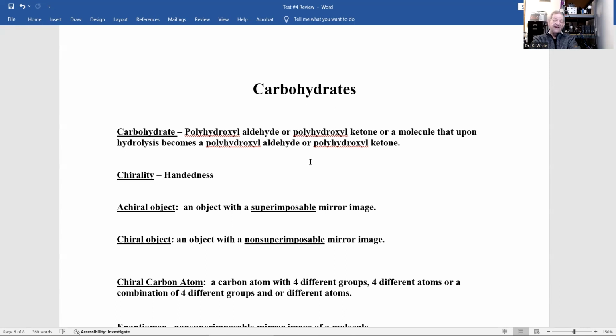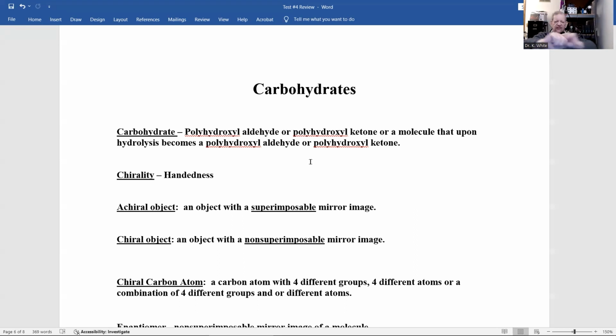Poly means many, hydroxyl, you know that, OH on a carbon, you know what an aldehyde and ketone are, or a molecule that upon hydrolysis, adding water under certain catalytic conditions, like acid, becomes a polyhydroxyaldehyde or polyhydroxyketone.